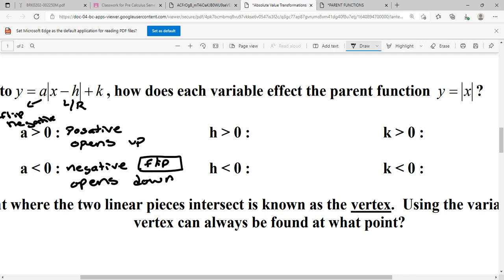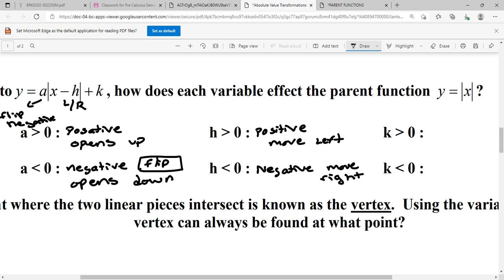Alright, this one is our h value right here. That's our left and right, and we change the sign. So if h is positive, that means we're going to move left. If h is negative, we're going to move right.